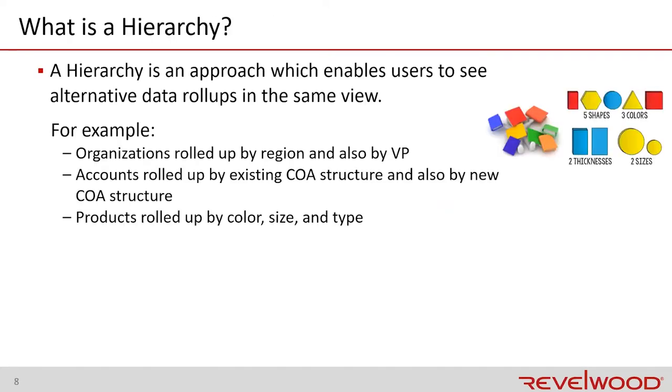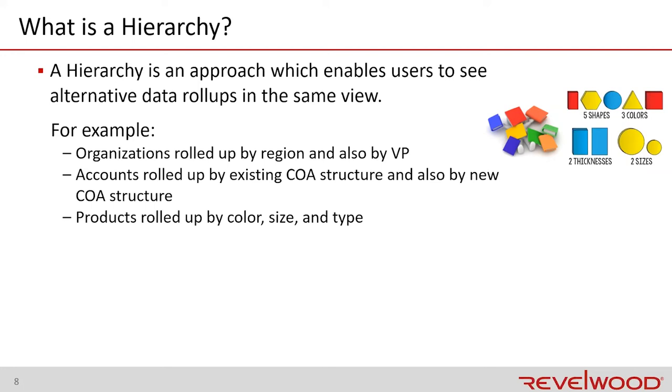Okay, so let's start off with what is a hierarchy. A hierarchy will feel a lot like those consolidation structures, the roll-up structures that I talked about a few minutes ago. It's this idea that you're taking your base level elements and you're consolidating them in a different way than, let's say, the default roll-up structure that you have in the dimension.